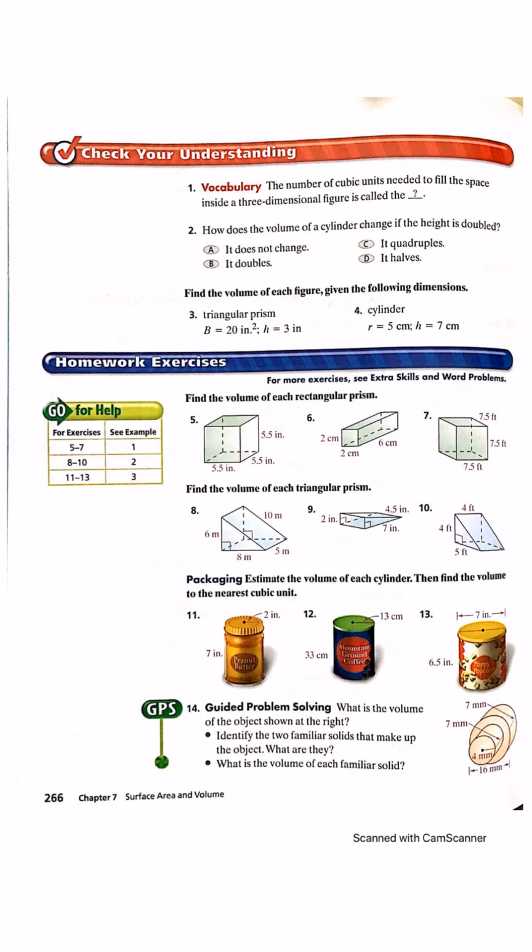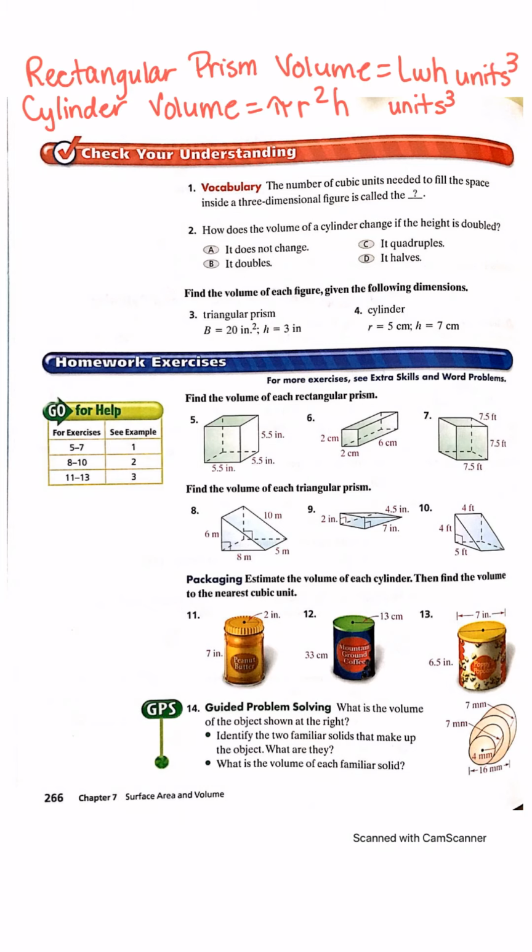Use the formula volume equals pi r squared times the height, where r is the radius and h is the height of the cylinder. Write the units cubed. I went ahead and wrote those two formulas at the top of the page here. If you have not already put those on a piece of paper somewhere, go ahead and do that so that you can remember that for the rest of your lesson.